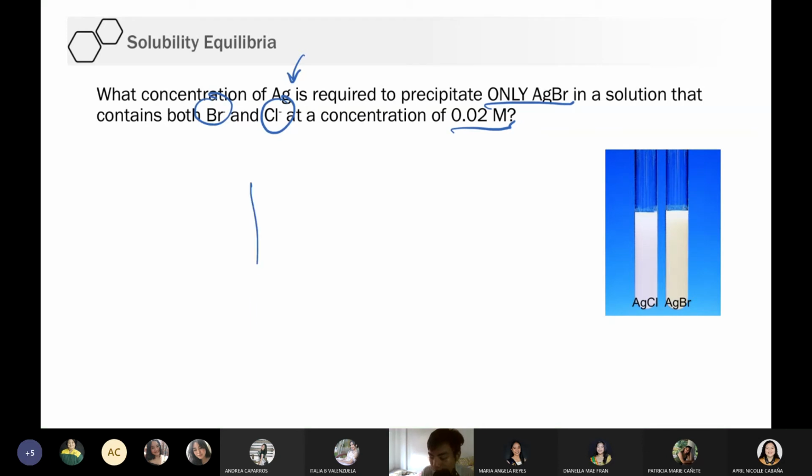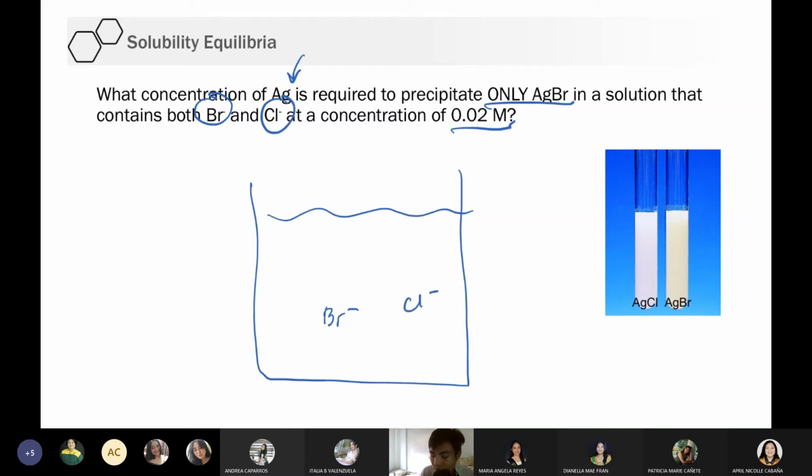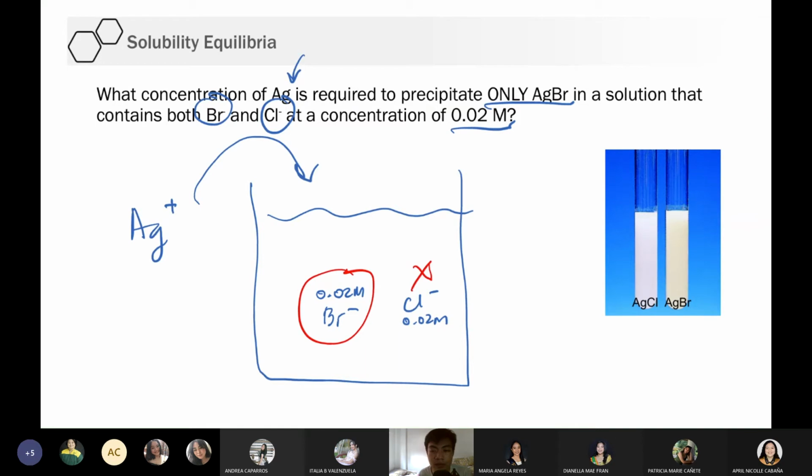So, visualize natin. So, in this solution, you have Br minus, and then you have Cl minus. Okay, so para silang 0.02 molar. Ang tanong, gaano karaming silver ang kailangan ko ilagay para ang ma-precipitate lang ay ito, not this.